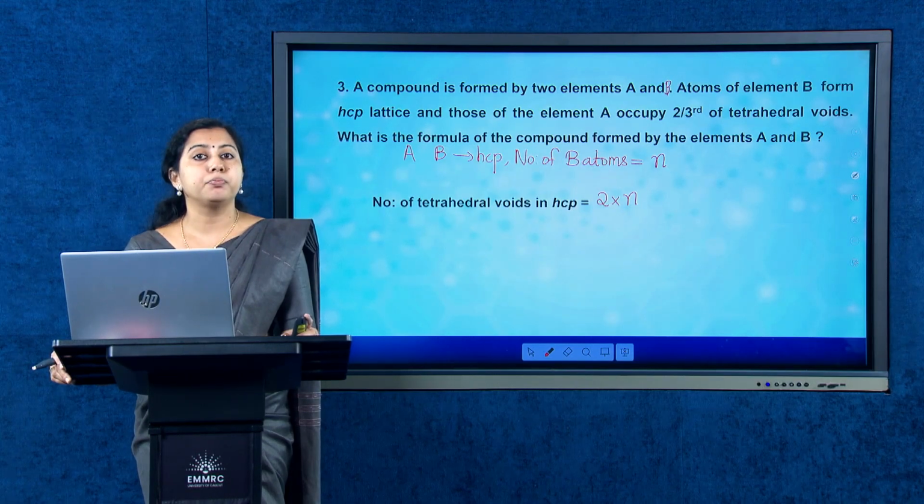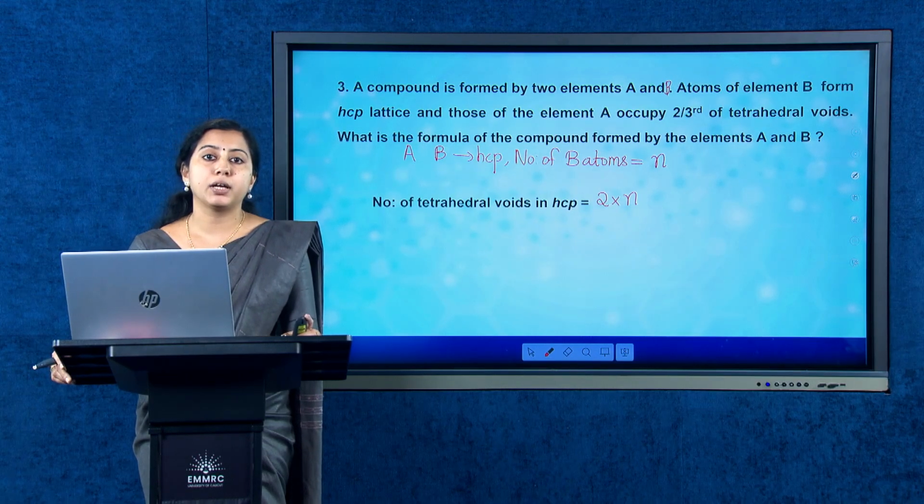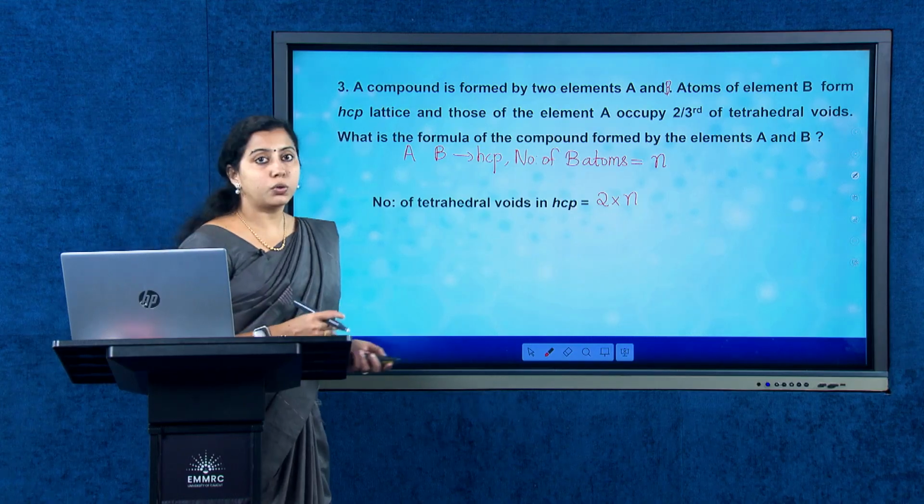So, if the number of B atoms is N, the number of tetrahedral voids will be equal to 2N.